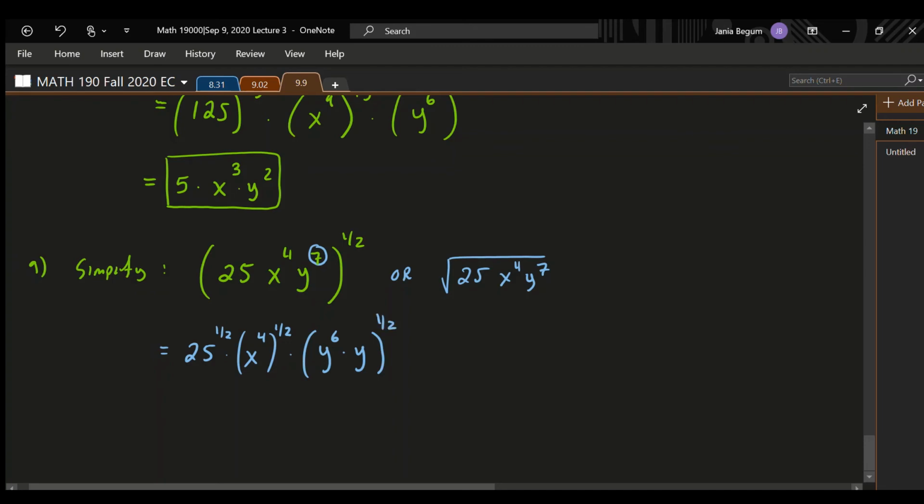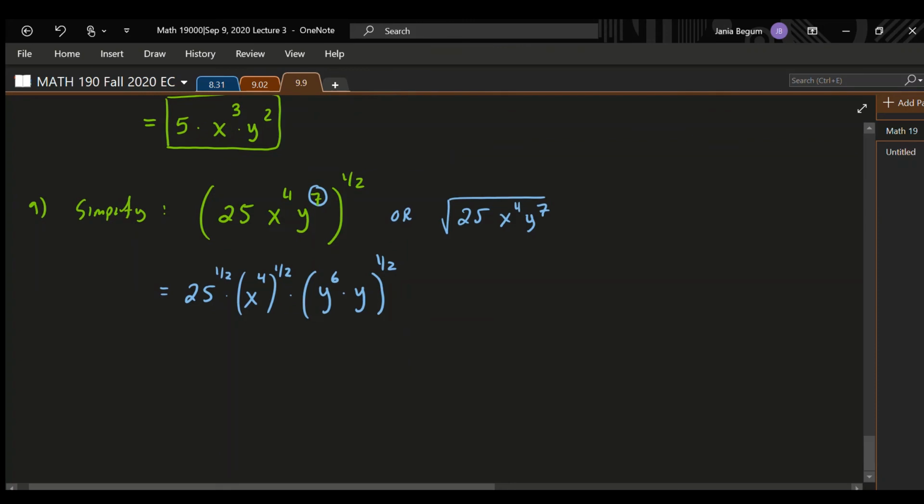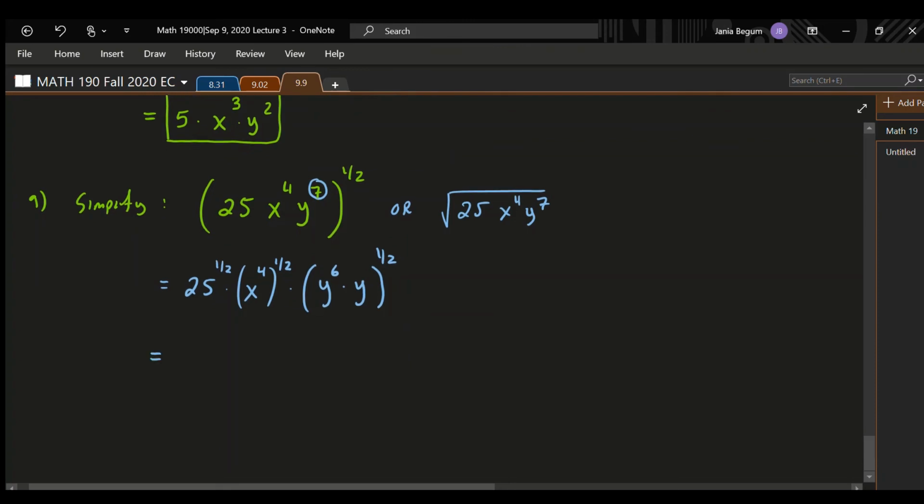The reason I had to split it up is because 7 is an odd power. 2 wouldn't divide 7 evenly. Now I can go ahead and distribute the half power. So we have 25 to the power 1/2, x to the 4 to the 1/2, and now y to the 6 to the 1/2, and the last one y to the 1/2. That doesn't do much. And now we can divide them evenly.